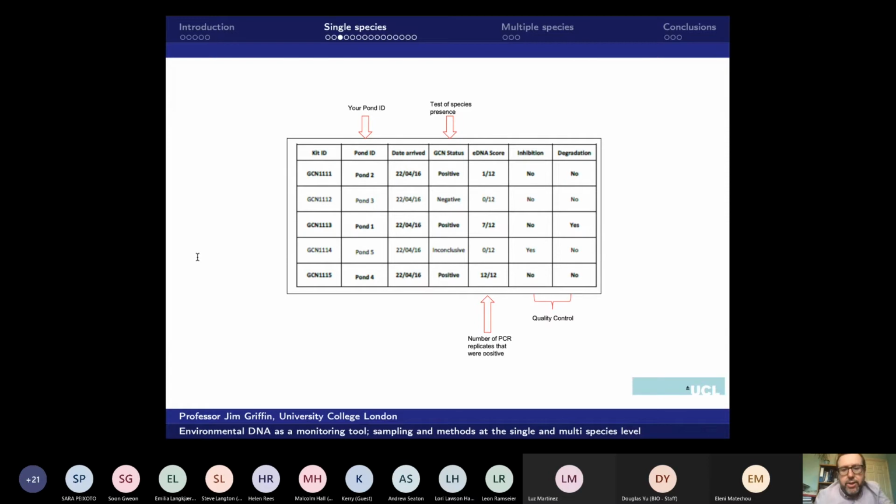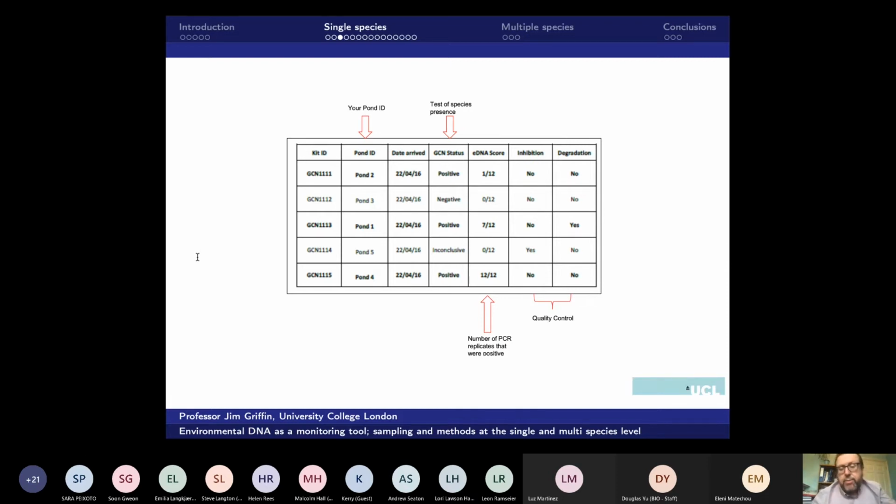You can see that we get lots of things that are either 0 or 12. But for the observation in the middle, the third pond, we have a measure of 7 out of 12. So there we've got something strange going on, that we can't really be confident of whether there's eDNA there or not.